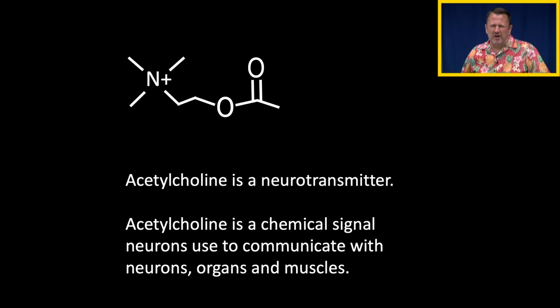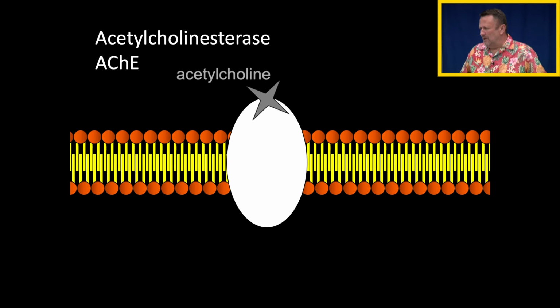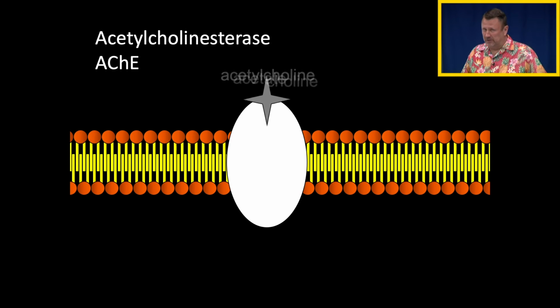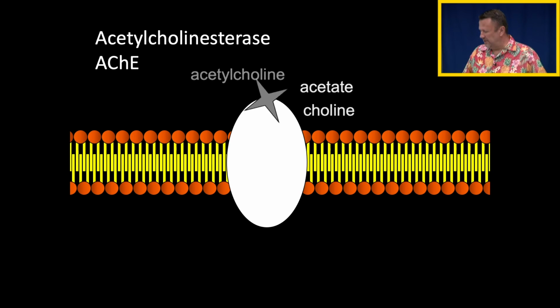So there's my drawing of acetylcholine. Notice my nitrogen's making 4 covalent bonds, so it's positively charged. We're going to break it right there and divide it into choline and acetate. Acetate, acetic acid, vinegar. Acetylcholinesterase is a membrane-bound protein that takes acetylcholine and breaks it down into acetate and choline.